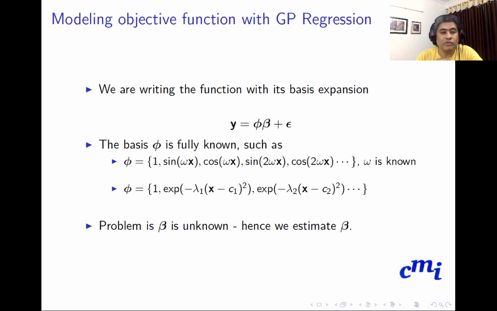So we are always assuming this phi is completely known to us, and our main objective is to estimate, or learn, beta from the data.